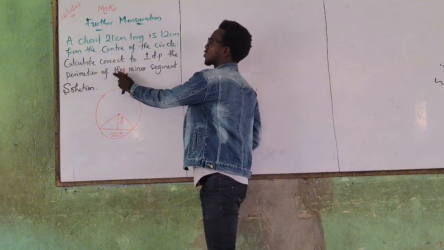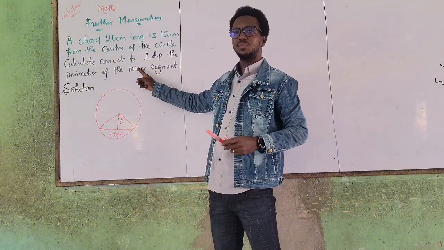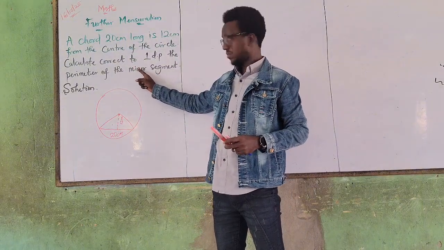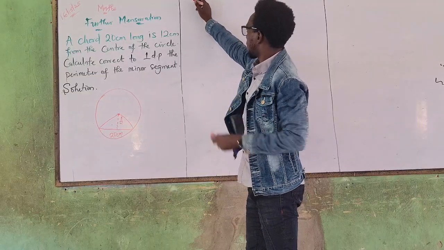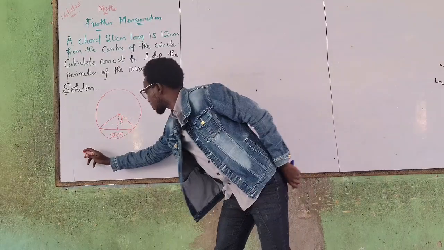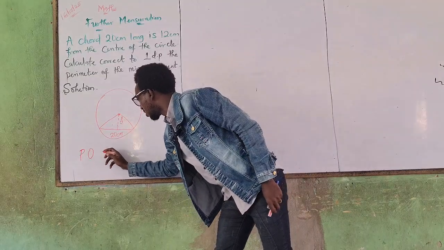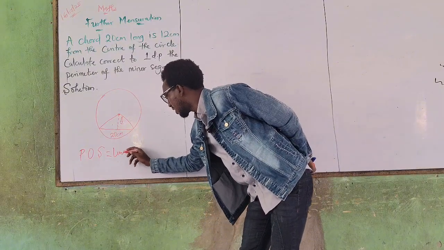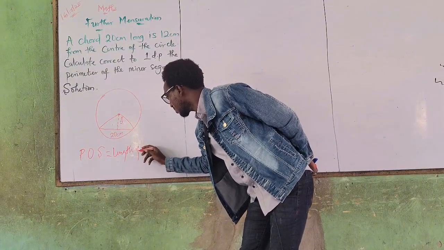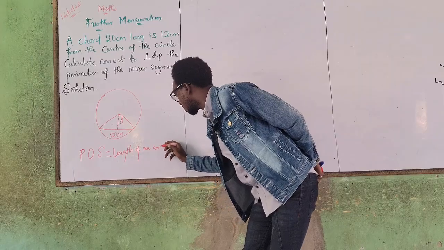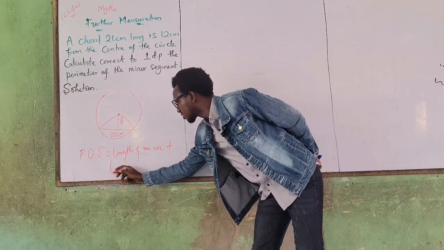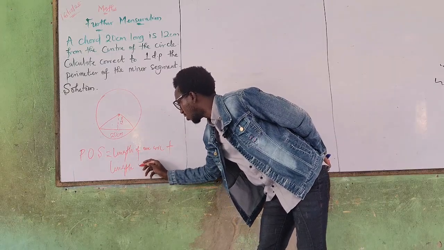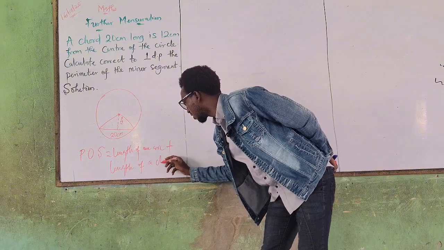Now, what they want us to calculate here is the perimeter of the segment. Very good. Now, you know the formula to calculate. Let's write it here. Perimeter of a segment is given as the length of an arc plus the length of a chord.